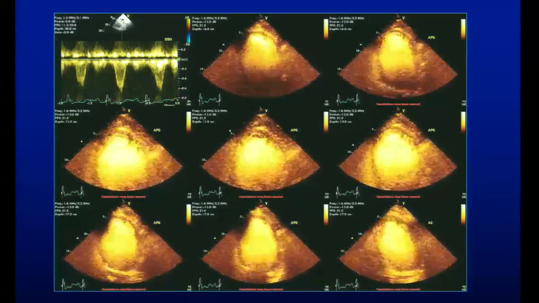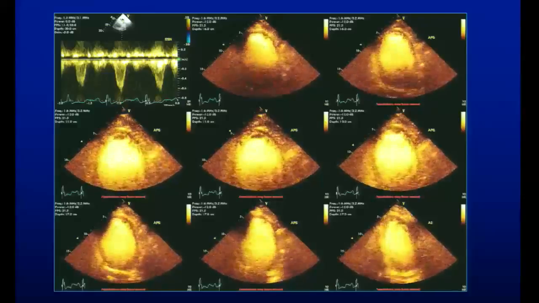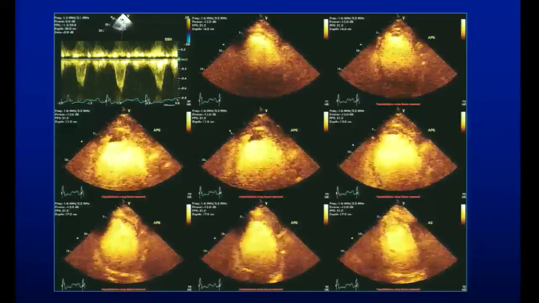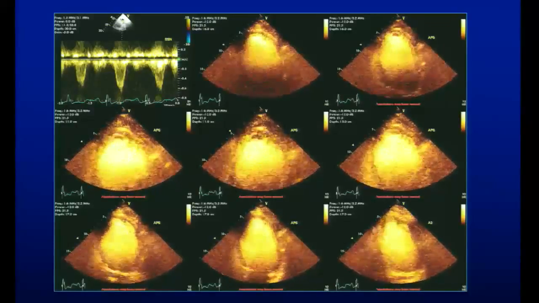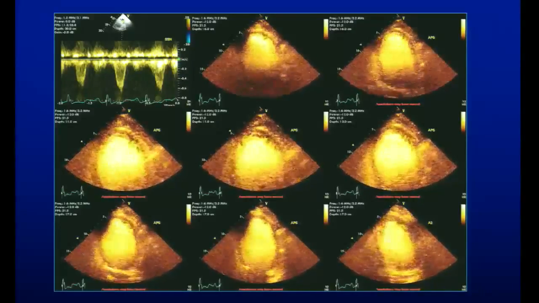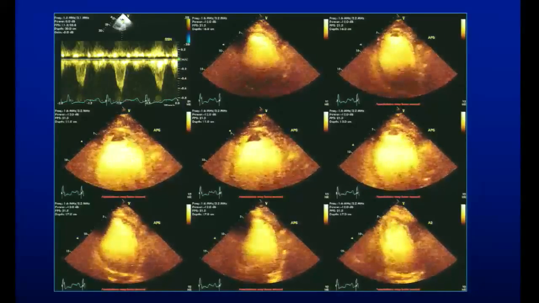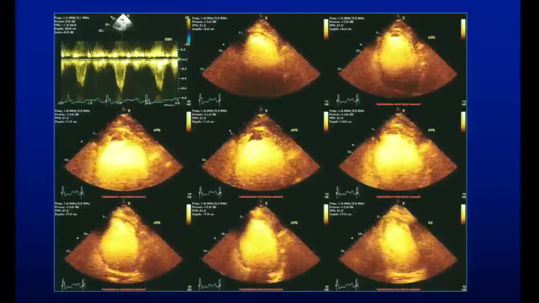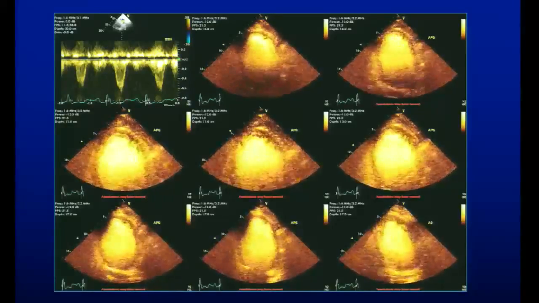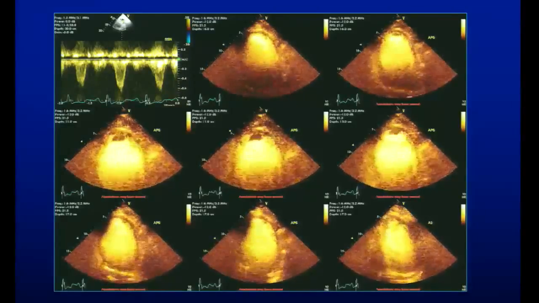I can see the other walls, but I can see something that would change my medical management. No question about it. So in patients who are bad heart failure, you're almost obliged to interpret basically how depressed the ventricle is, but this is something that will change your medical therapy, whichever way you look at it.